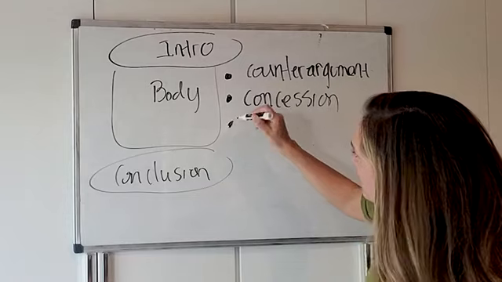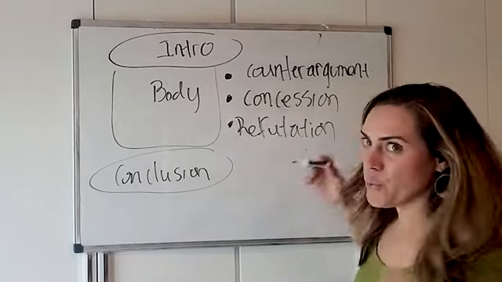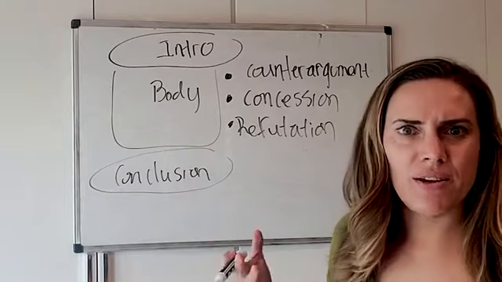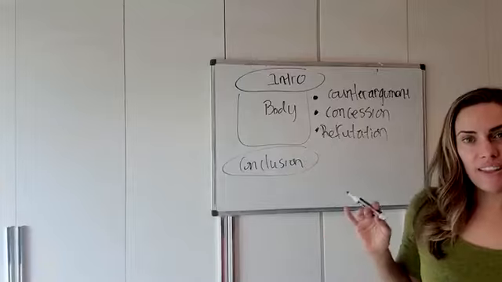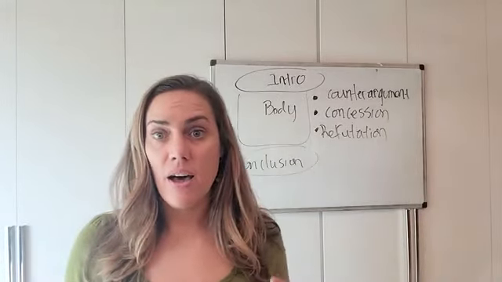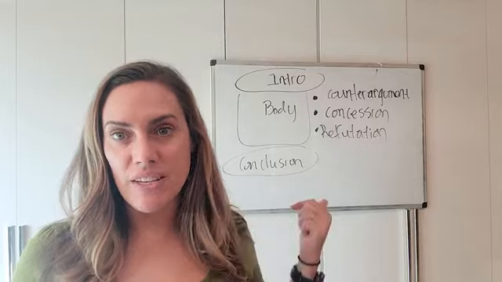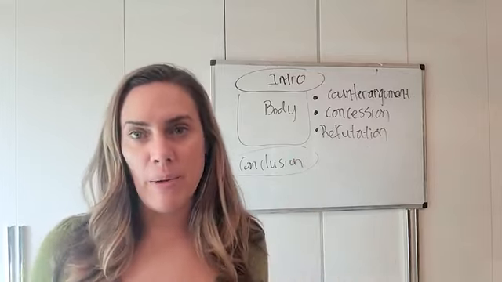And then you give your refutation, which is just your argument saying why they're wrong, okay? That is one different part about this type of essay mode, is that you want to have something like that at some point in your paper.